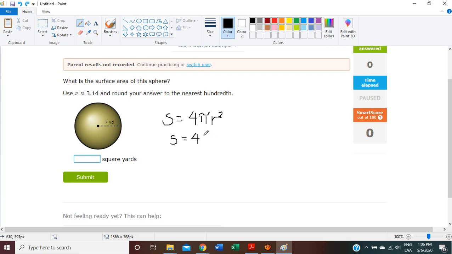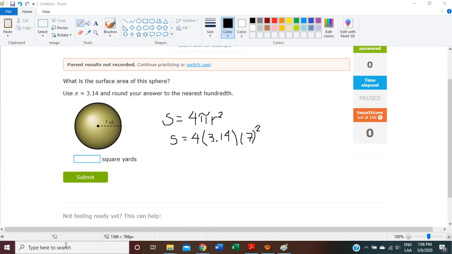So the surface equals 4 times pi, and I'm going to use parentheses because I want you to practice this, times 3.14 times 7, the radius is 7, and we're going to elevate 7 to the power of 2.